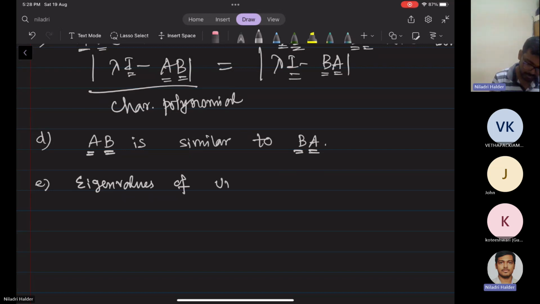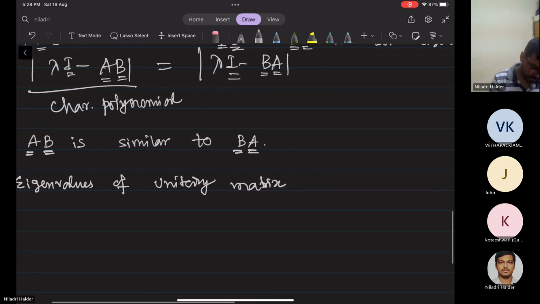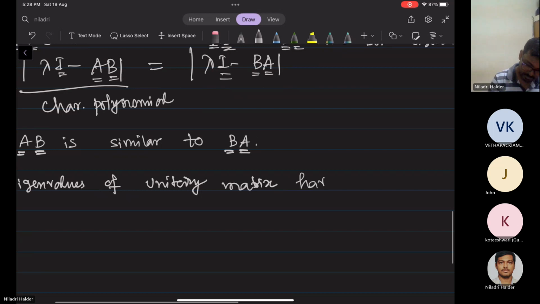Eigenvalues of a unitary matrix have unit magnitude.